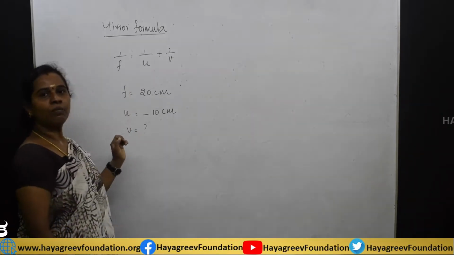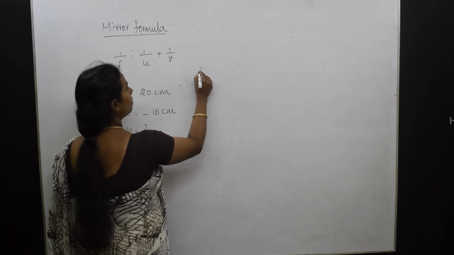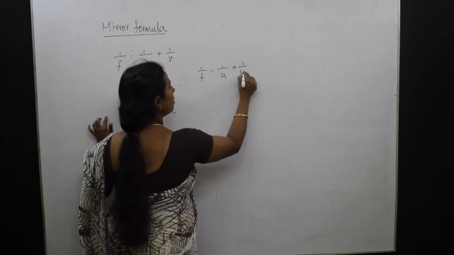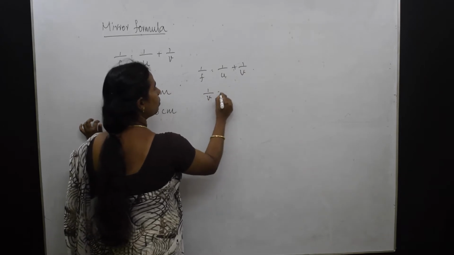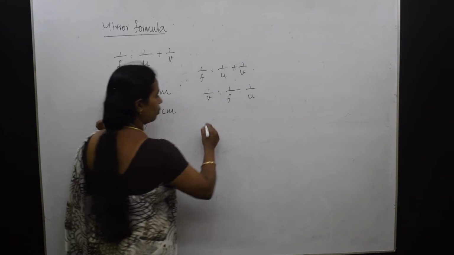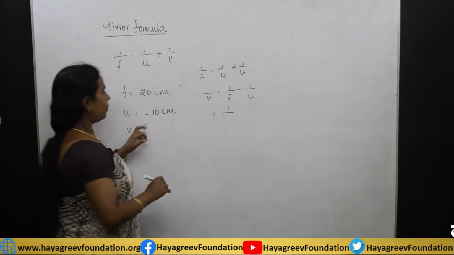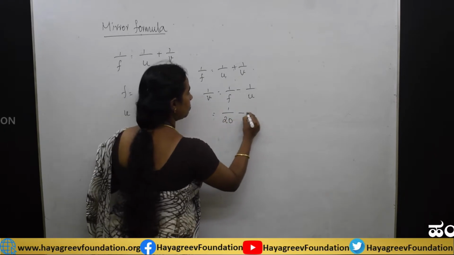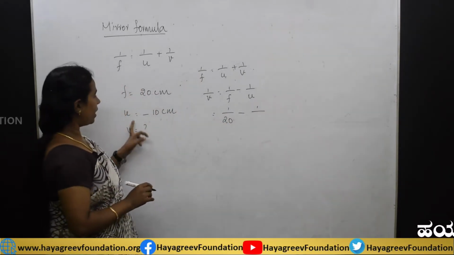Using this formula, 1 by f equal to 1 by u plus 1 by v, so 1 by v equal to 1 by f minus 1 by u. f is positive, that is a convex mirror, so 1 by 20 minus 1 by u, where u is -10.